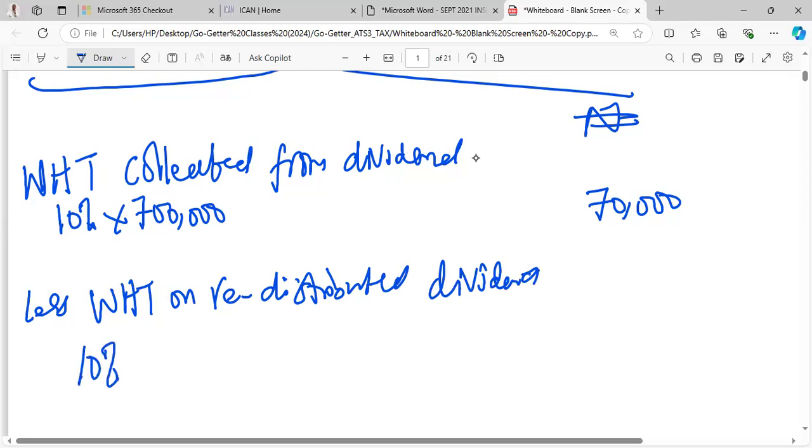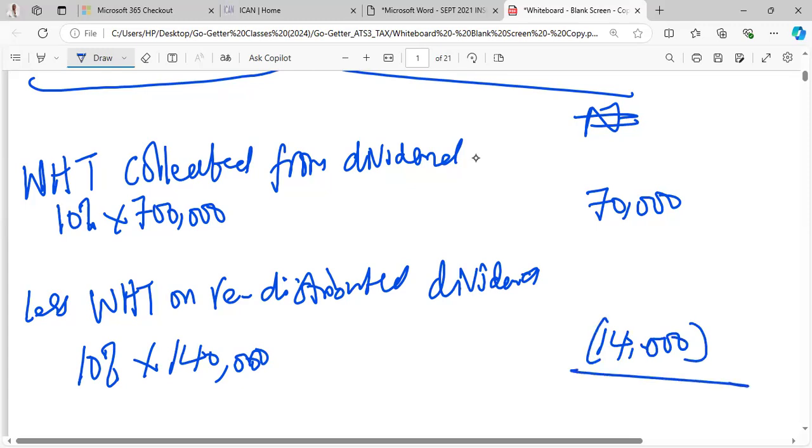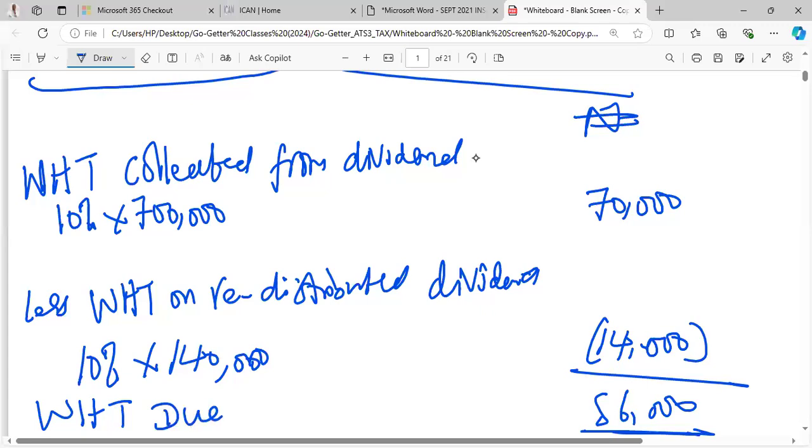So 10% out of 140,000 should give us 14,000. So this should give me 56,000. So withholding tax due from the company.